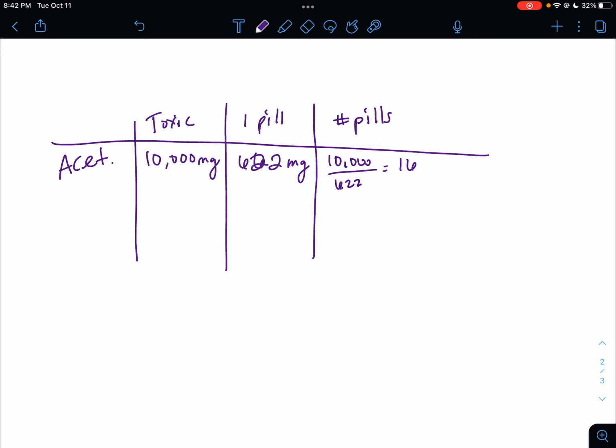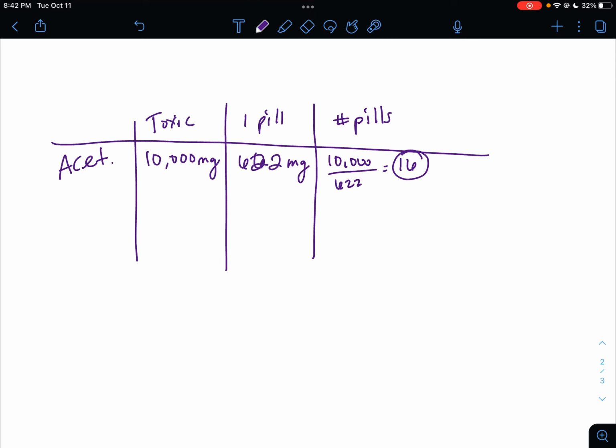So what this means is that for Mary, based on her weight, she would need to ingest 16 acetaminophen or Tylenols to reach that toxicity level in her body, where she would start seeing those symptoms listed in the table.